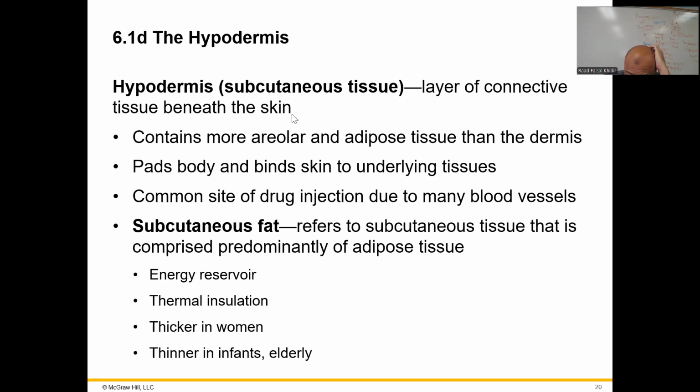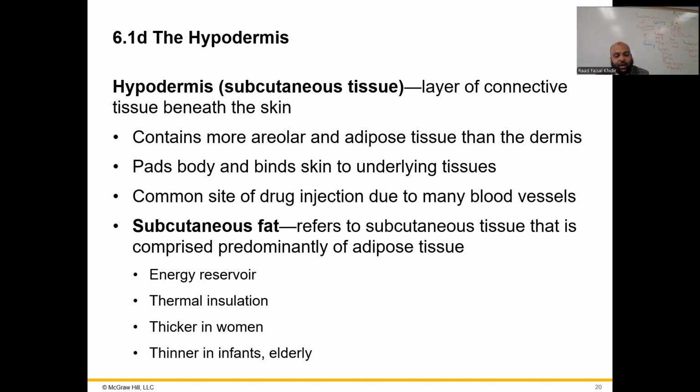The hypodermis represents the subcutaneous tissue layer. It is a subcutaneous layer of connective tissue beneath the skin, and it contains more areolar and adipose tissue than the dermis. It pads the body and binds the skin to the underlying tissues.